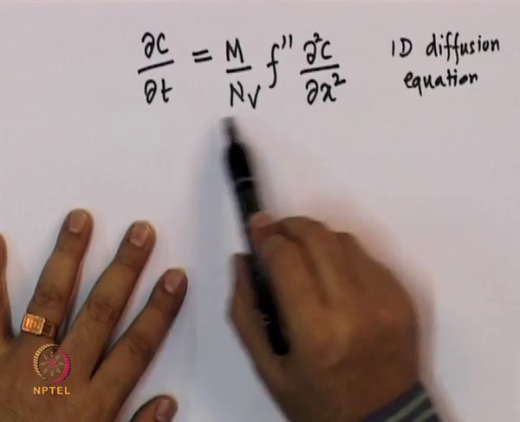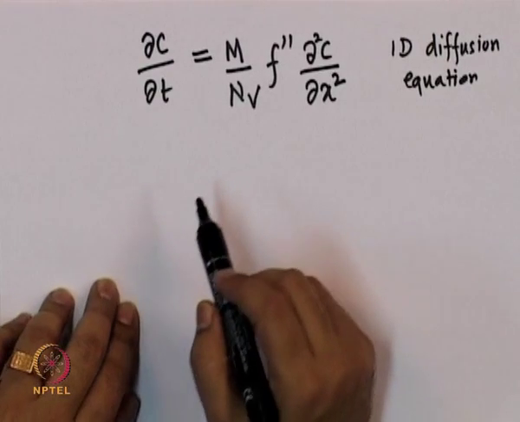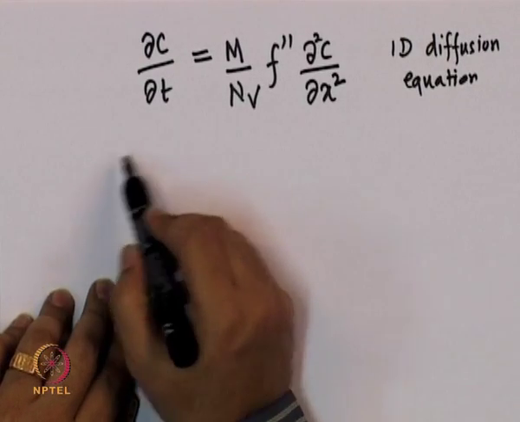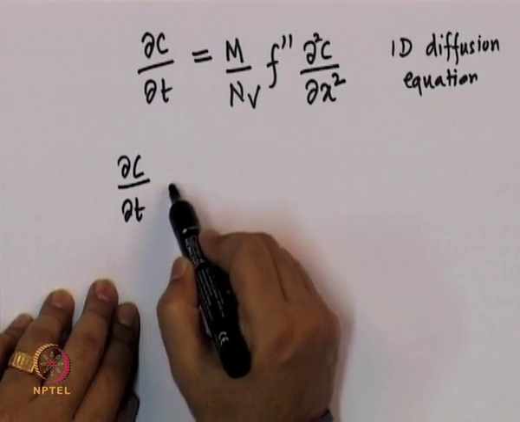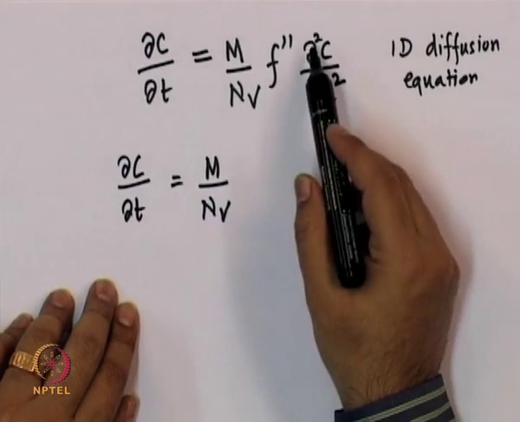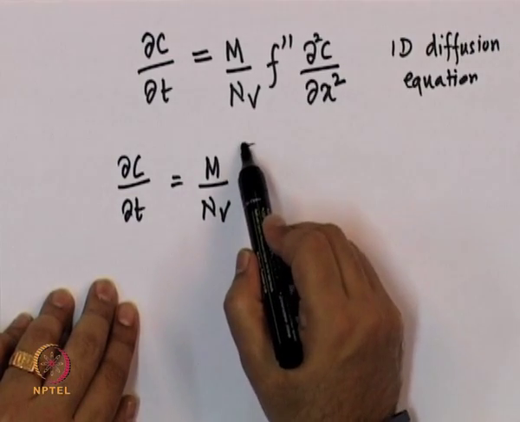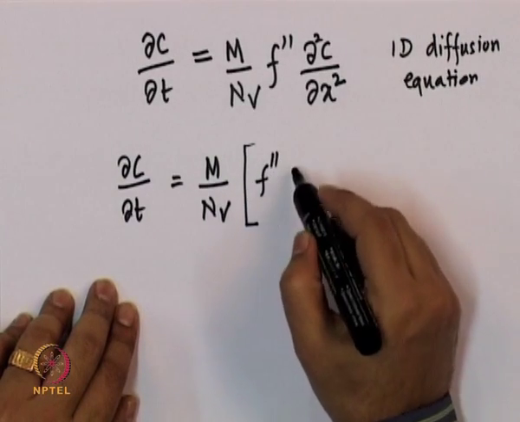So, this is what we are using, and we also derived the phase field equation. And the phase field equation was like this: ∂C/∂t = (M/N_v) ∂²/∂x² [f'' C − 2κ ∂²C/∂x²], which gives ∂²C/∂x² minus 2κ ∂⁴C/∂x⁴. This is the reason why I wrote the other equation also like this, because it is easier then to compare with the phase field equation.